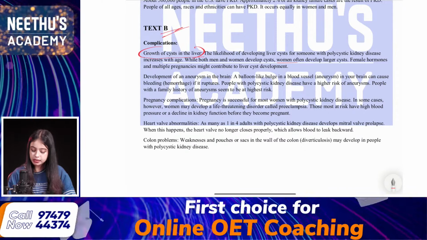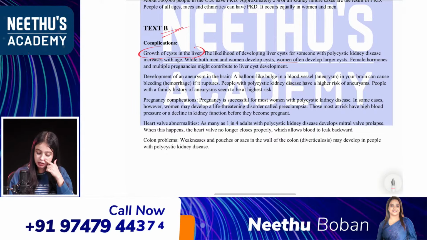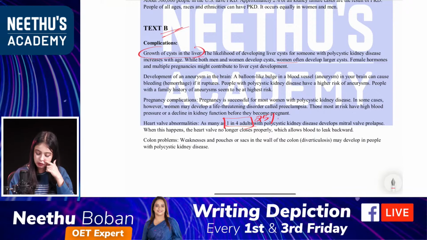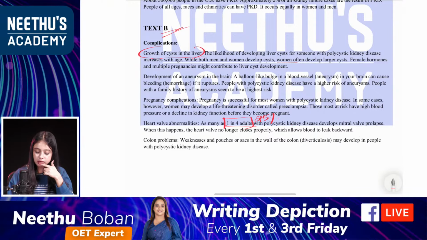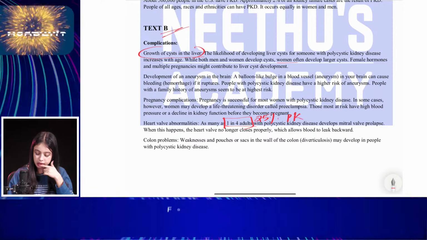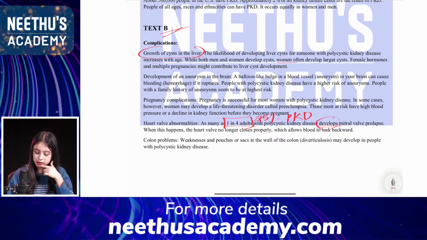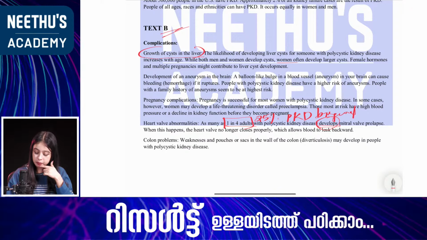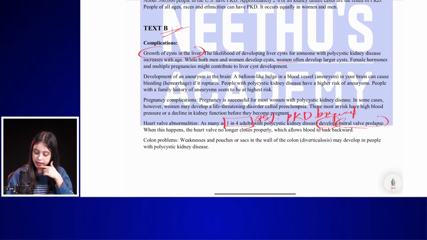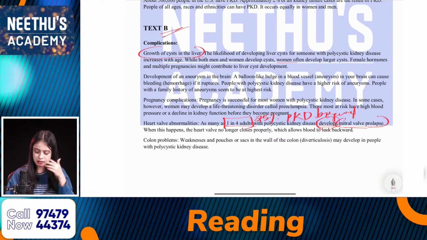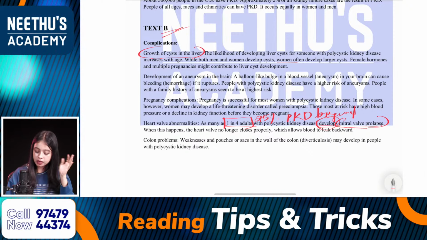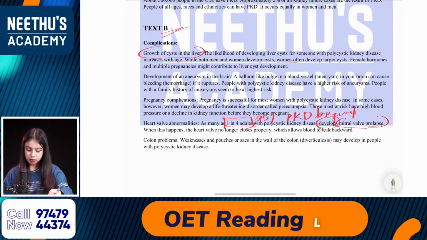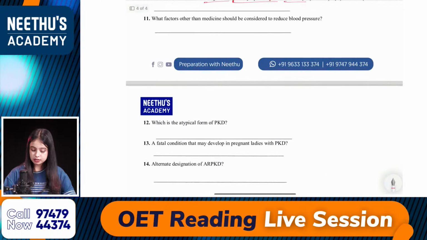Heart valve abnormalities as many as in 1 in 4 adults, or 25% of adults with polycystic kidney disease, that is PKD. They gave that in place of develop, that is burgeon. What is the answer? Mitral valve prolapse. I hope it is mitral. Yes, mitral valve prolapse is the correct answer. That is the answer.